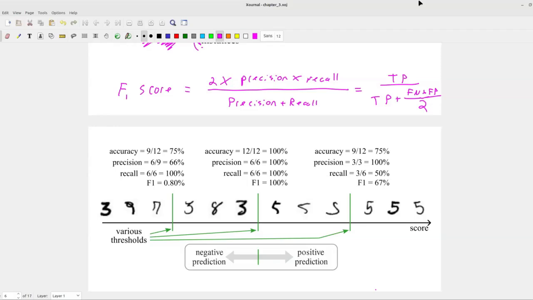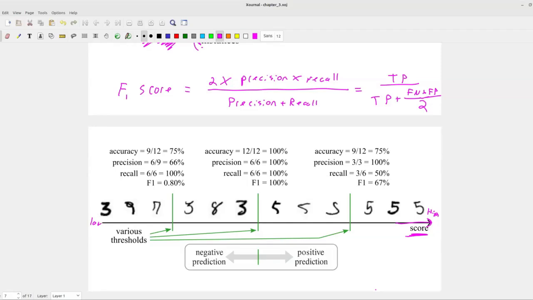So now that we have metrics for accuracy, precision, and recall, which are all going to be very helpful, we can talk more about the threshold and how adjusting the threshold of our regularized linear classifier will give us different solutions. So if we take this x-axis here to be our score, and everything to the right is going to be a higher score, right? So this is high, and this is low.